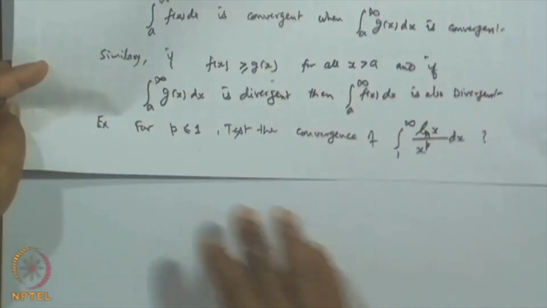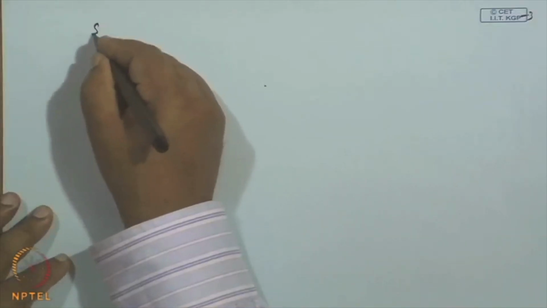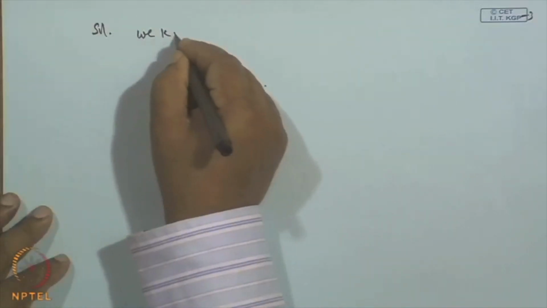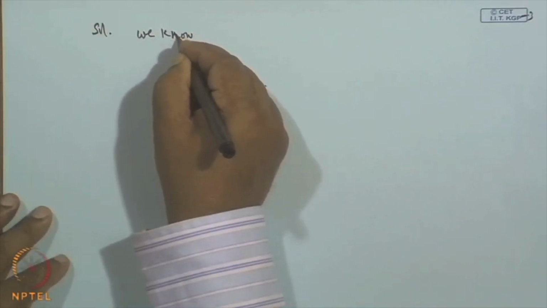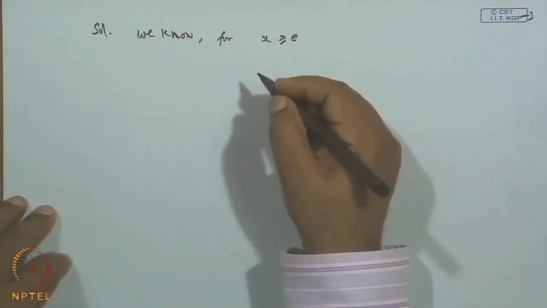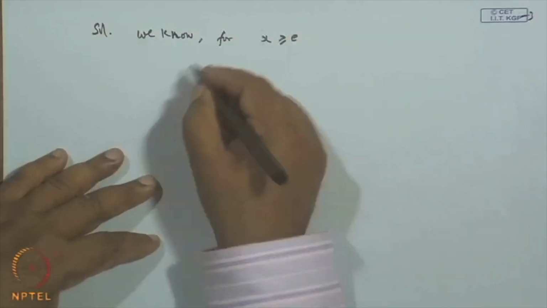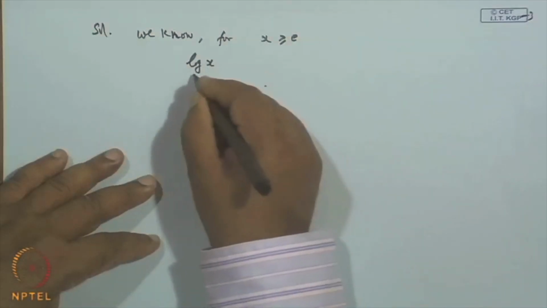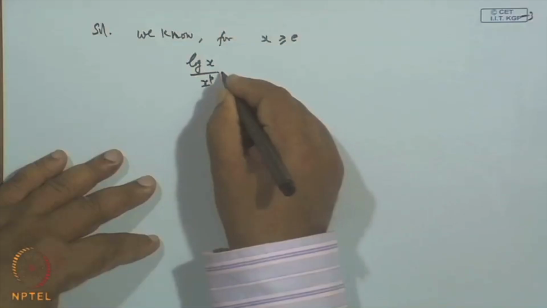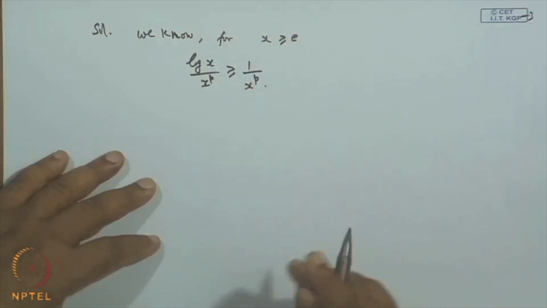Now we know for x greater than or equal to e, log of x divided by x to the power p will be greater than or equal to 1 by x to the power p.